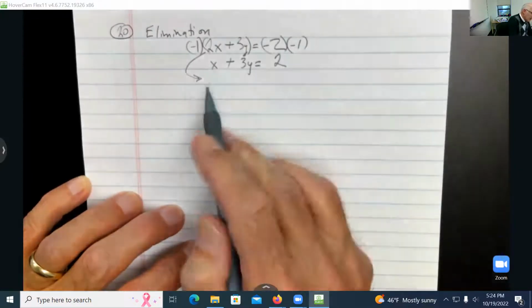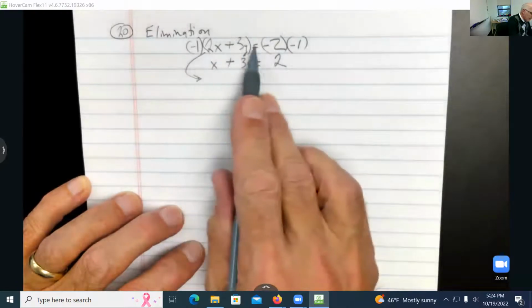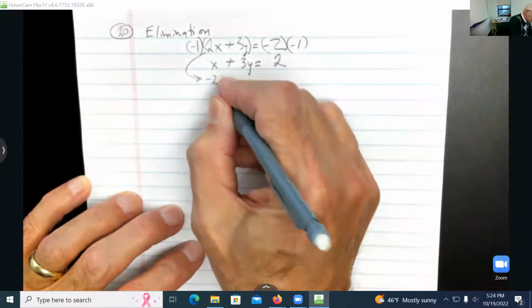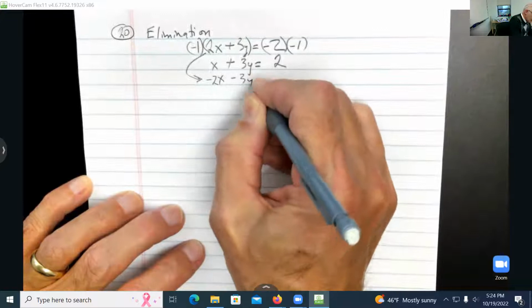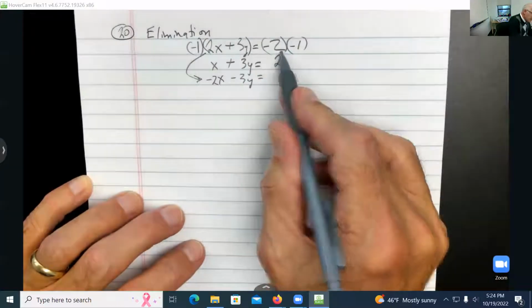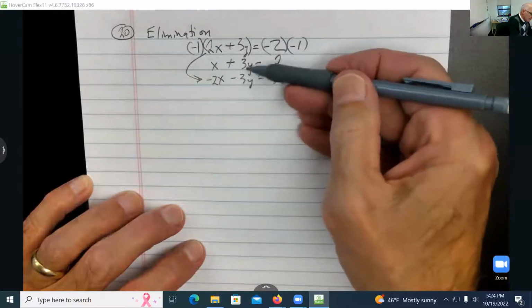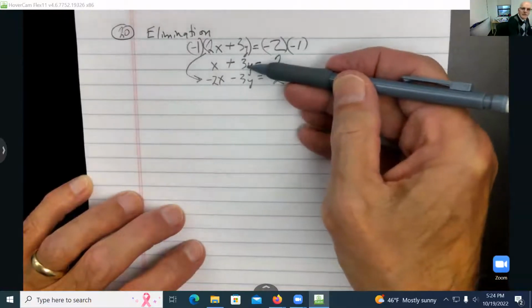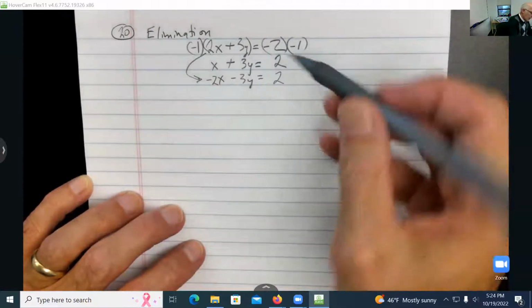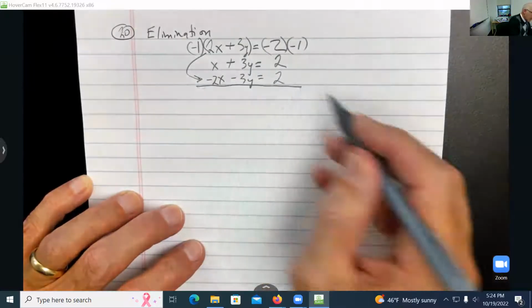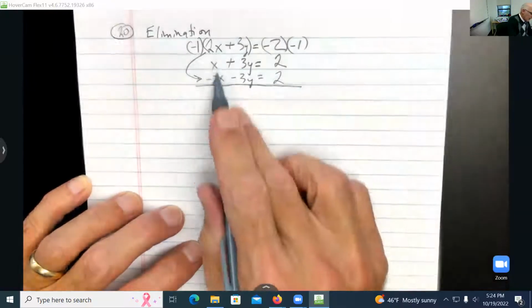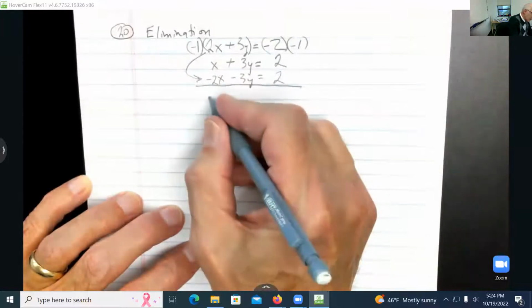I'll put it right down underneath here. Using the distributive property with -1, I have -2x minus 3y. -2 times -1 is +2. This is now set up with a +3y and a -3y so that they will eliminate.